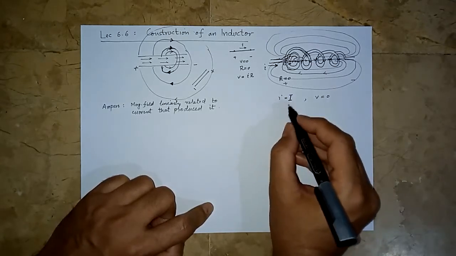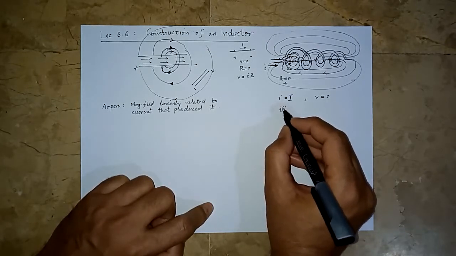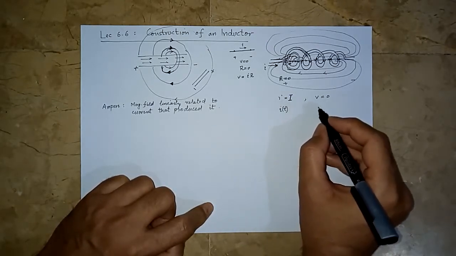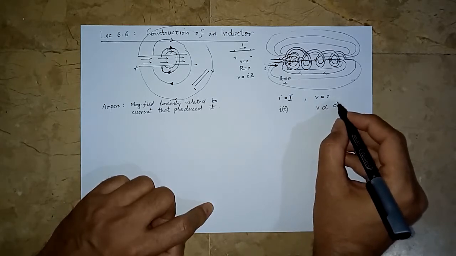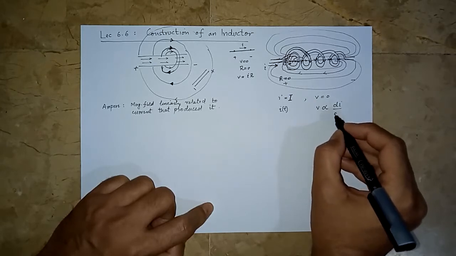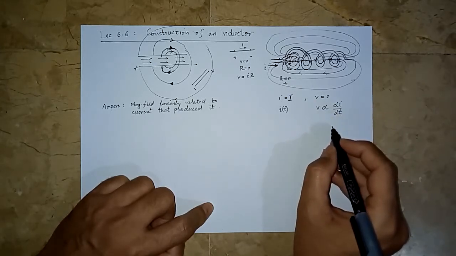However, when they change this, so I is not constant, it's a function of time, it's varying, they found that the voltage across the terminals is proportional to the time rate of this current.